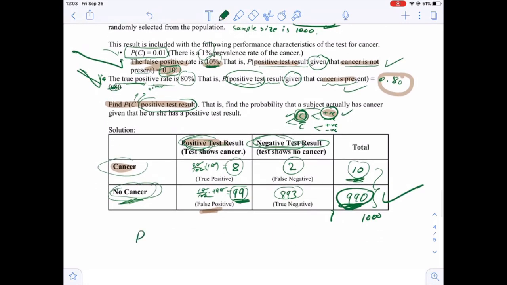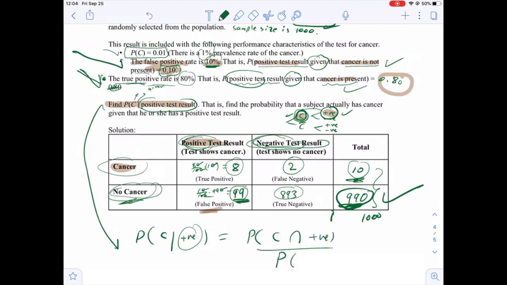Our question is to find the probability of selecting someone who has cancer, given that the result is positive. That's probability of having cancer and the result is positive over probability of the positive result. Now, having cancer with positive result, how many people?